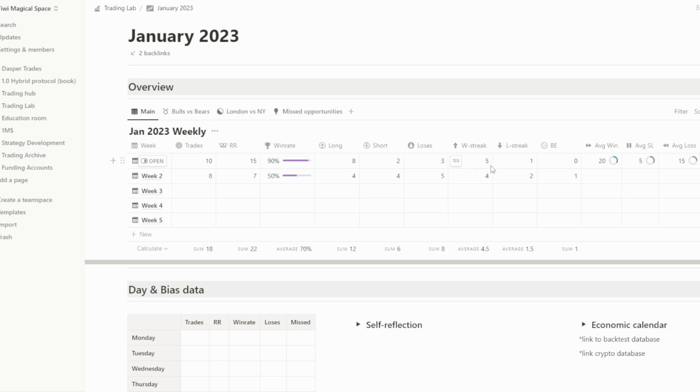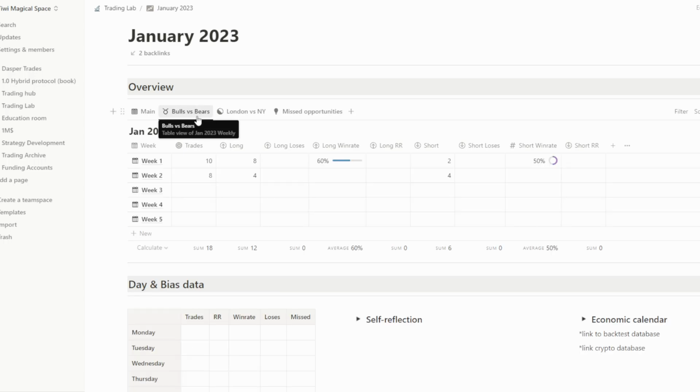So if I know my win streak, I can also tweak my risk appetite for the challenges and so on. So a lot of things about the data. Also, what was my best trading day when it comes to my P&L profit and stuff like that.